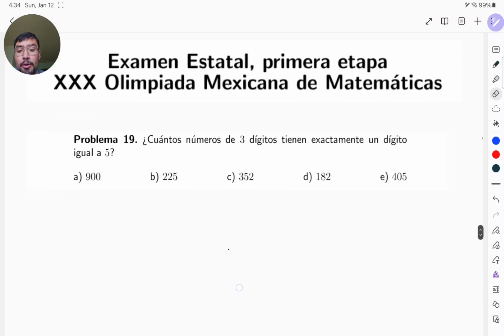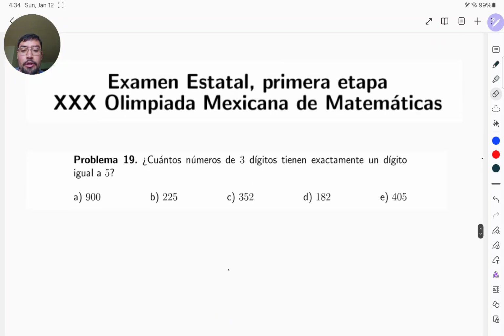And the problem asks us: how many numbers of 3 digits are there where exactly one digit is equal to 5?